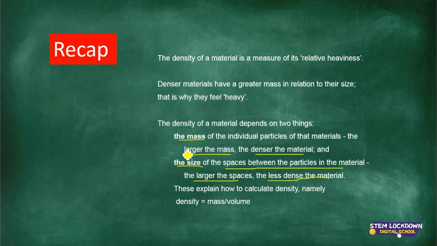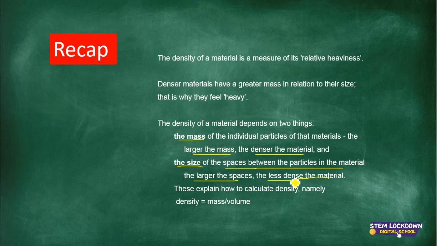Okay, so let me explain that a little bit again for you. So we said density depends on mass, so it is the individual particles of the material. So the larger the mass, the more dense the material would be. And then when we talk about the size of the spaces between the particles, the larger the spaces, the less dense it would be.